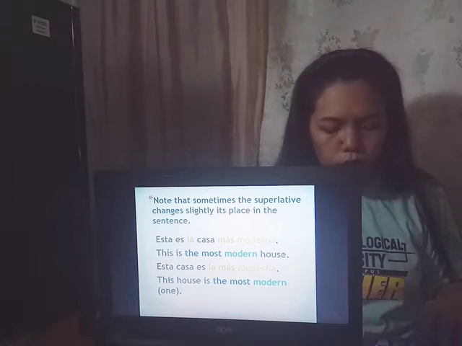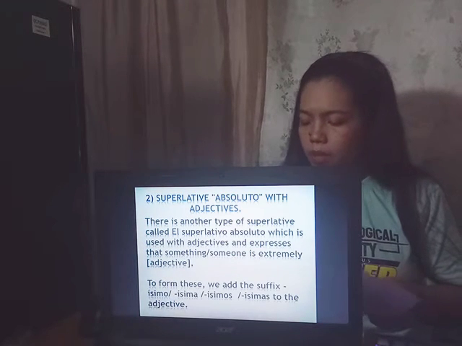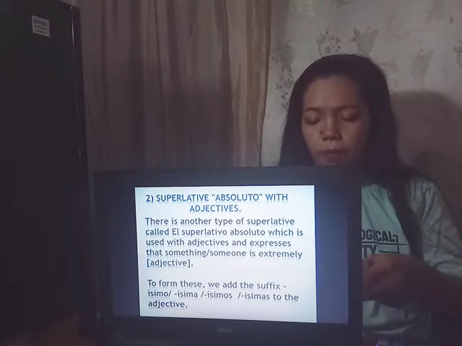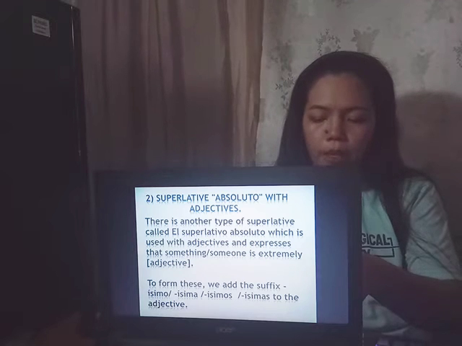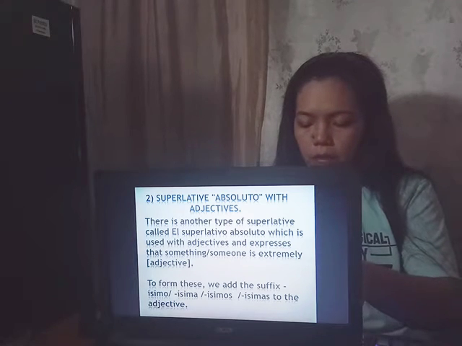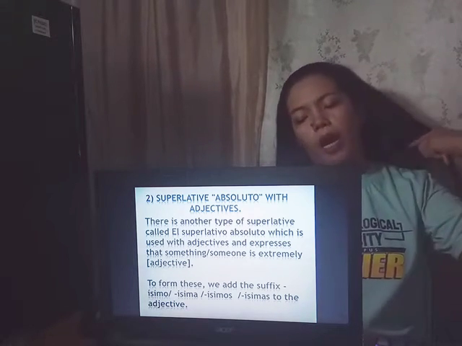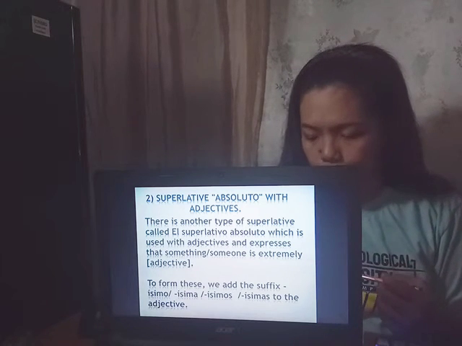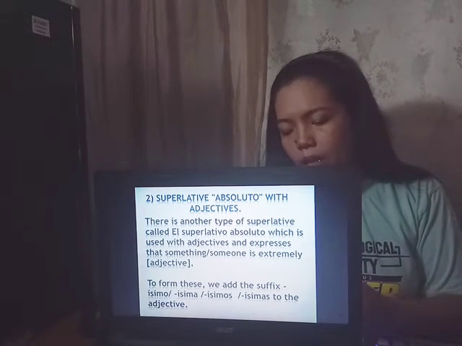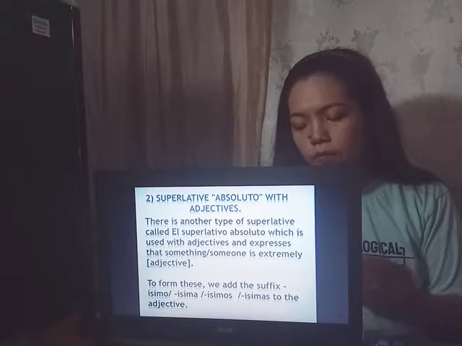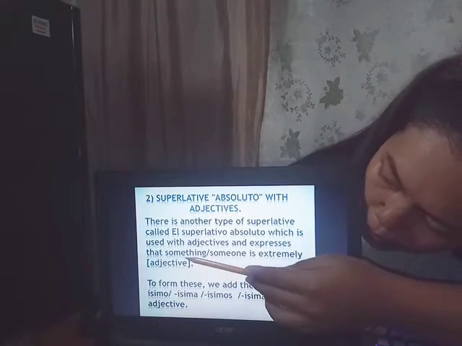So let's move on to the second part of the rule upon applying superlative. Superlativo absoluto with adjectives.